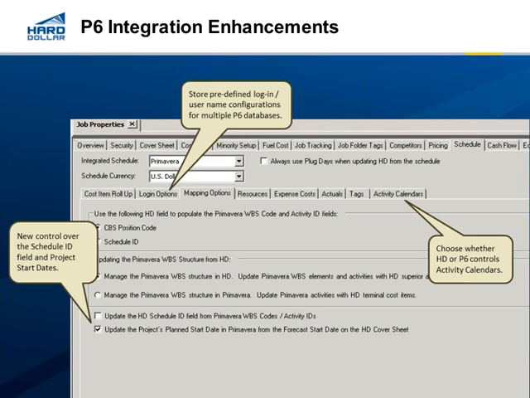That's usually what it's called. Now you have the ability to not send that schedule. So you might have a corporate-wide, enterprise-wide schedule that's applied to all your P6 projects, and so you can utilize that and not have us overwrite it. That was a common problem in the past.